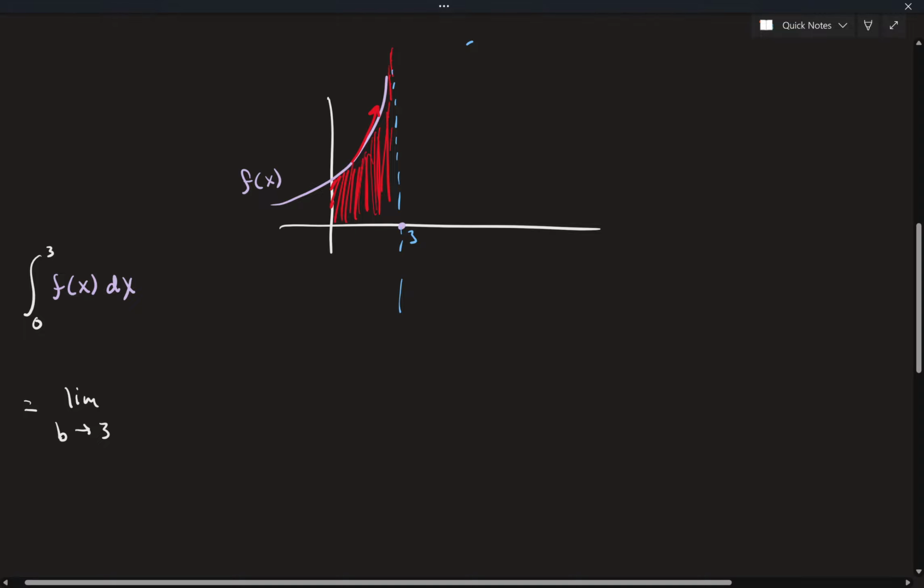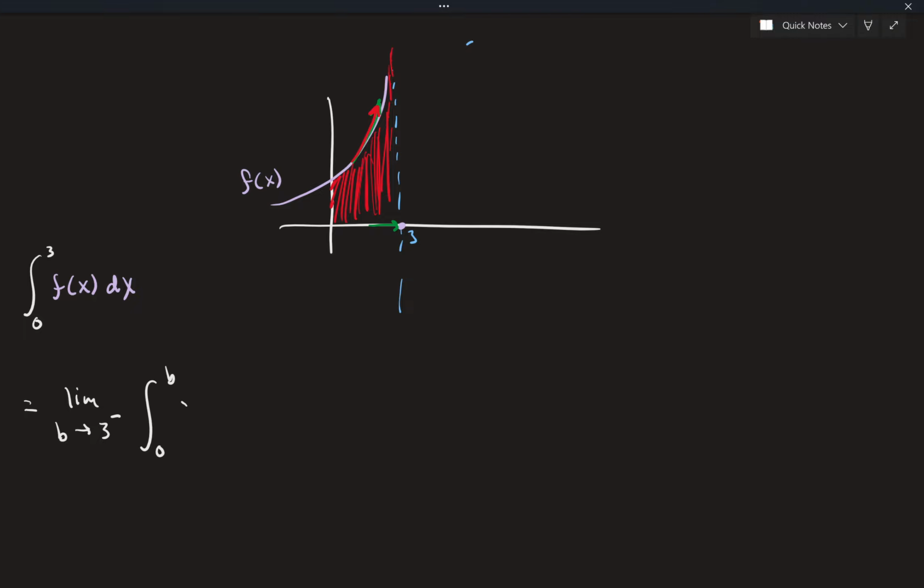So my b is coming from the left. So I have to indicate that from the left of the integral from 0 to b. And then you would just do your FTC and move along with it. So there's your intro to improper integrals. We'll get to some examples.